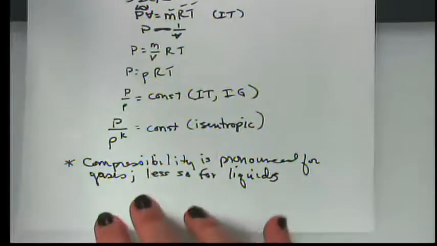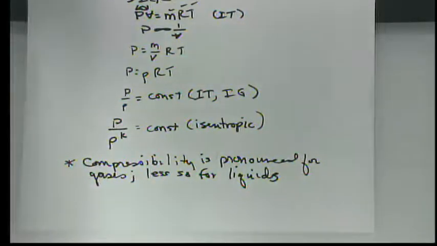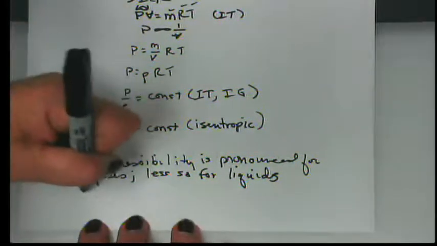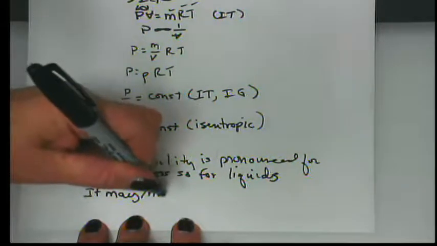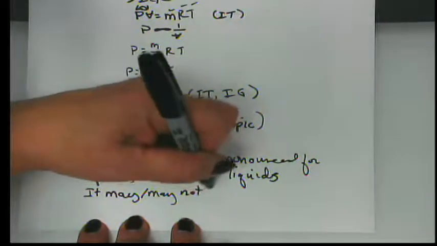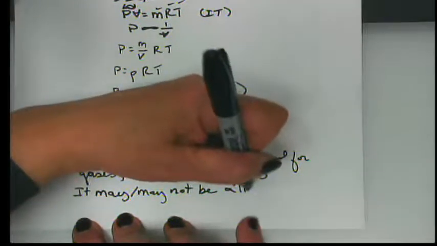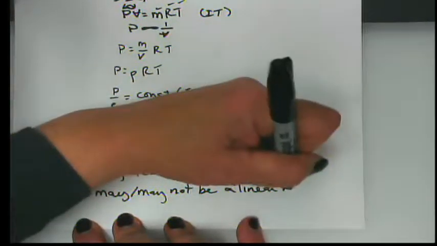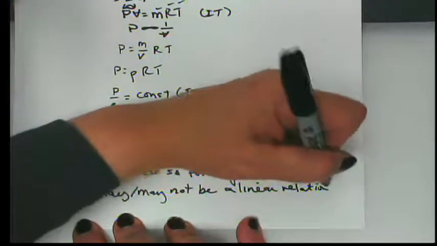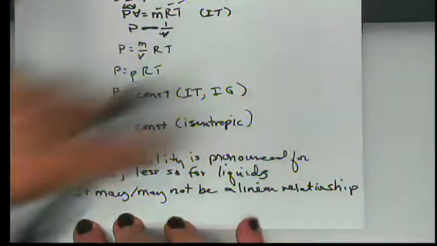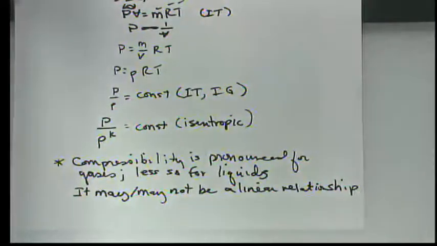We describe the compressibility based on some different relationship factors, and it may or may not be a linear relationship. So you have to define what that functional relationship is before you can make that determination.